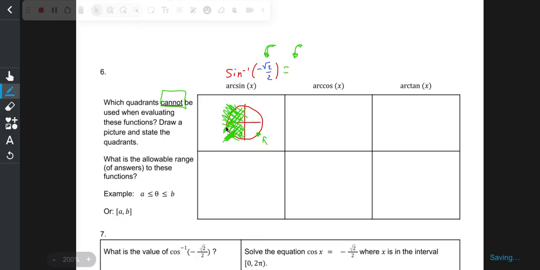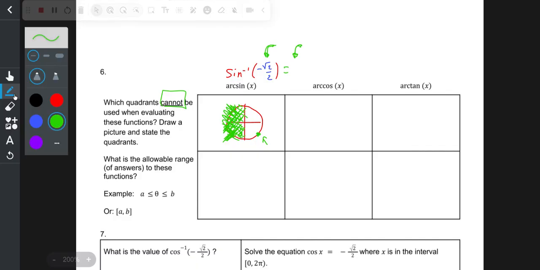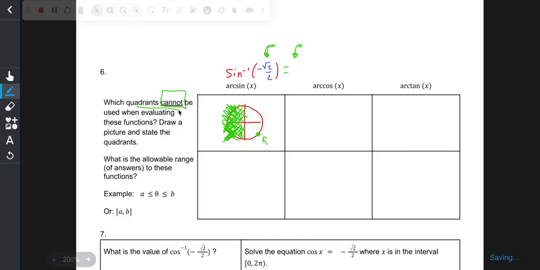These two quadrants will not be used to give you the answer. So to answer this question, which quadrants cannot be used for sine, 2 and 3 will not be used, but you will use 1 and 4.